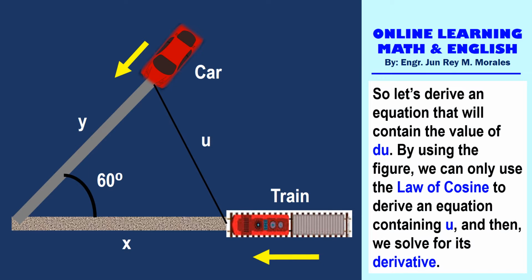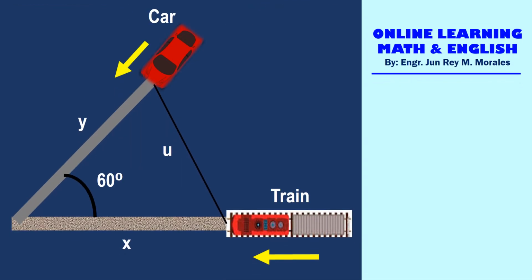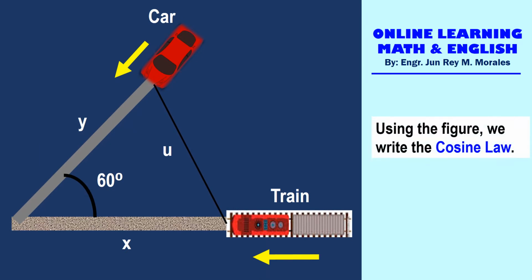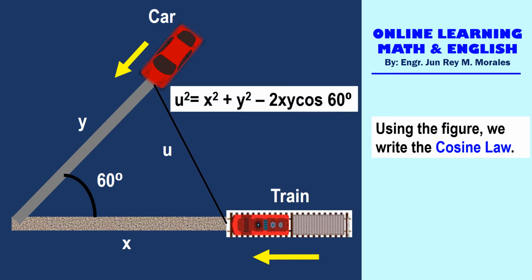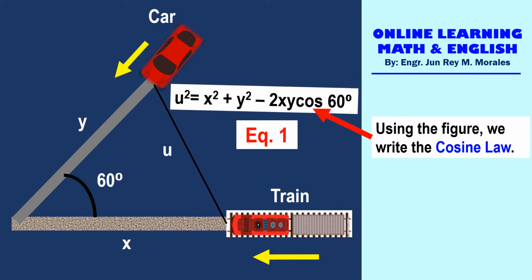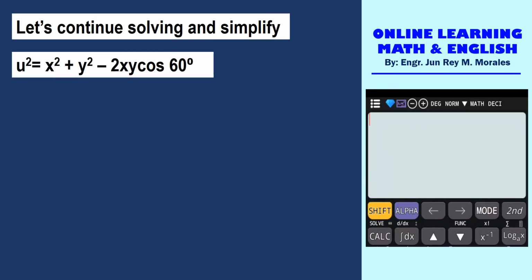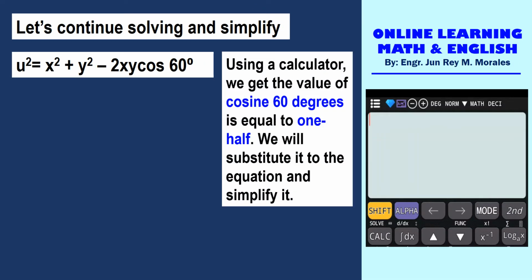By using the figure, we can only use the law of cosine to derive an equation containing u, and then we solve for its derivative. Using the figure, we write the cosine law. Using a calculator, we get the value of cosine 60 degrees is equal to 1/2.